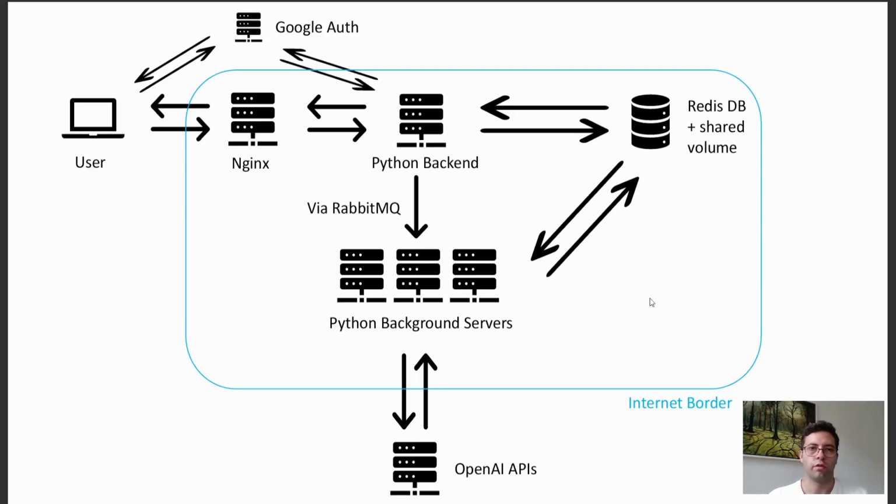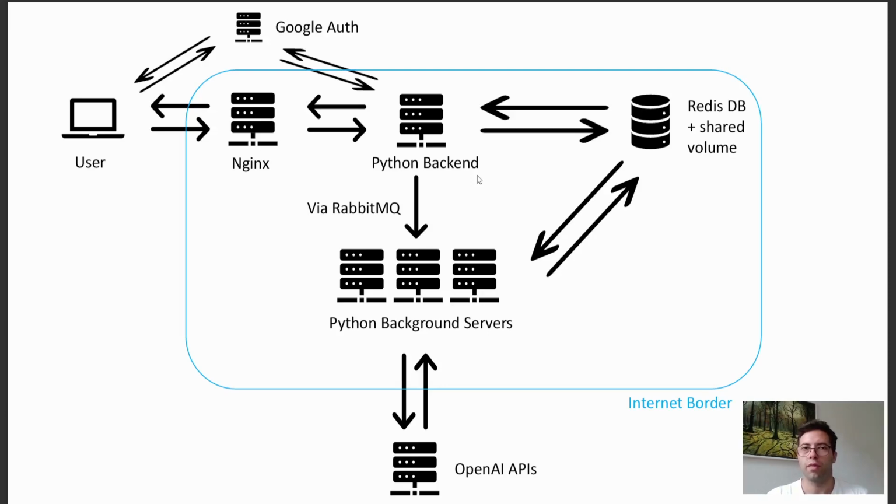So we see here that the user communicates via the internet with the Nginx server. That's a web server that hosts the front end and forwards the requests to the Python backend. So it serves the front end and forwards the requests to the backend.